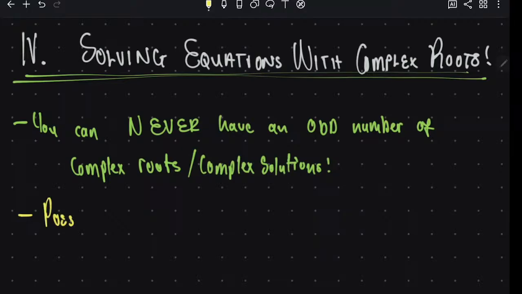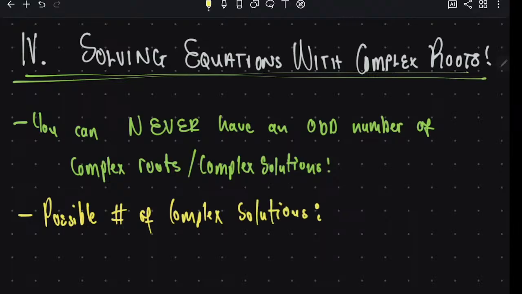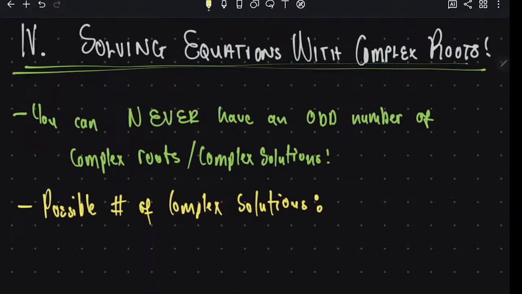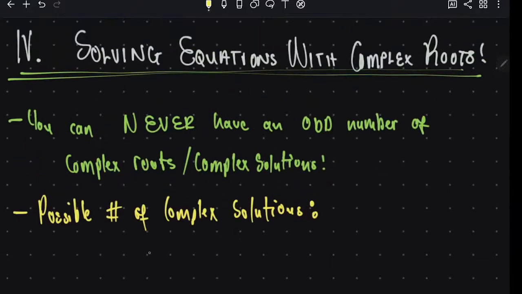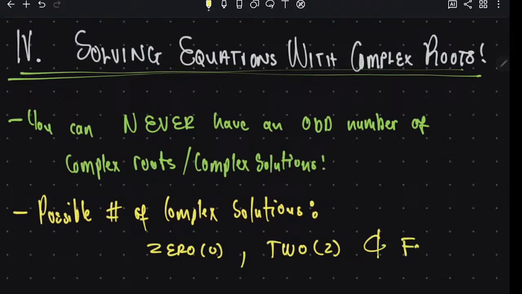Possible number of complex solutions. The possible numbers of complex solutions would be 0, 2, and 4.